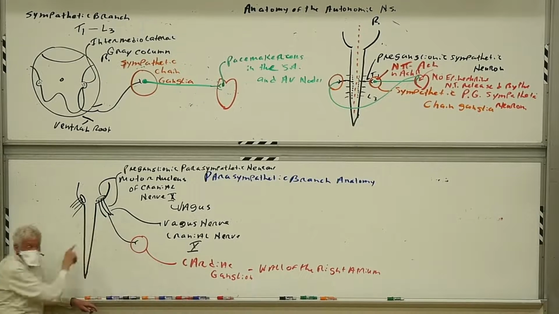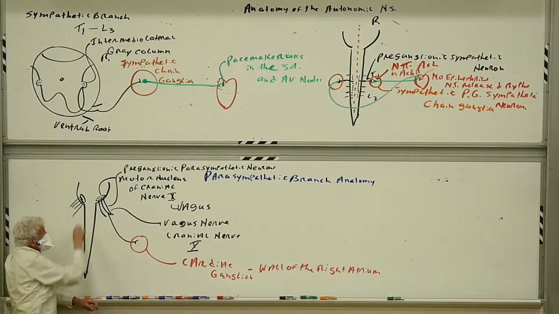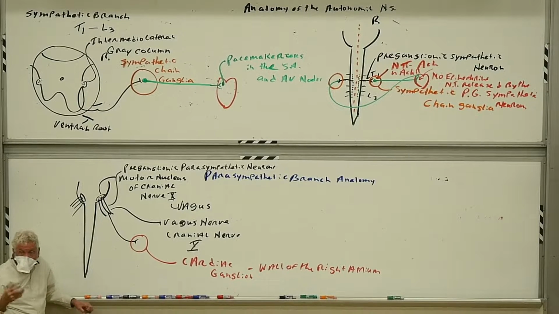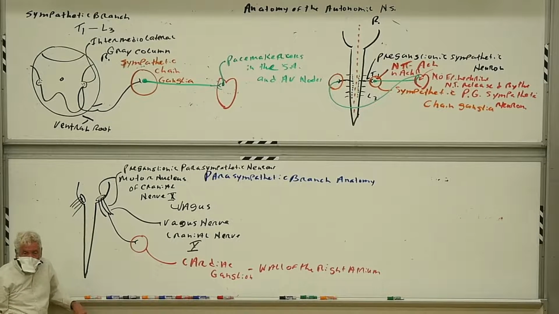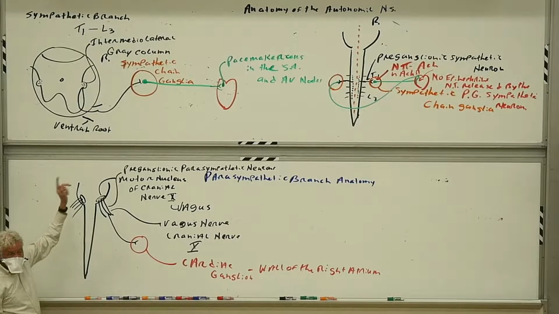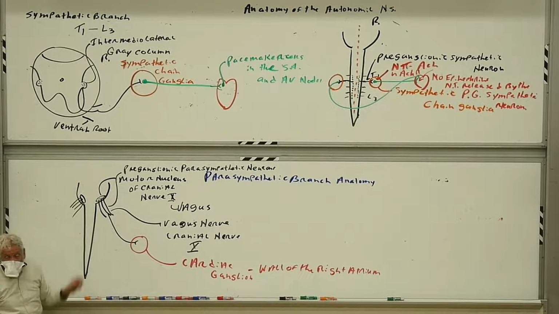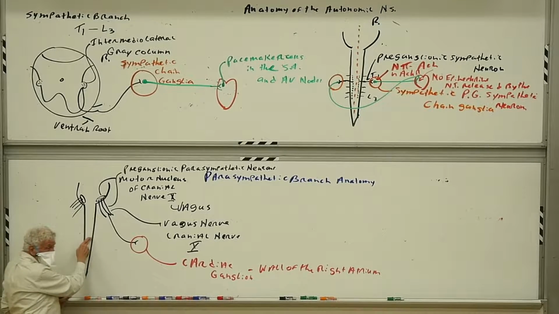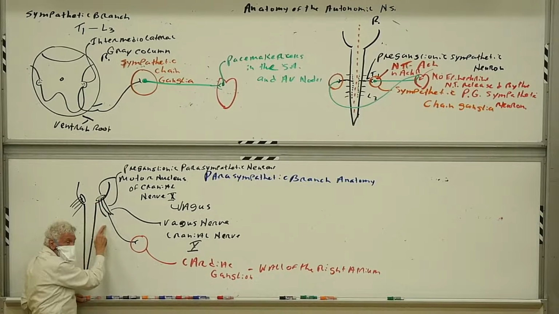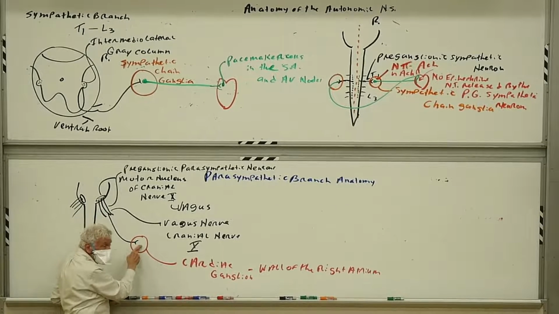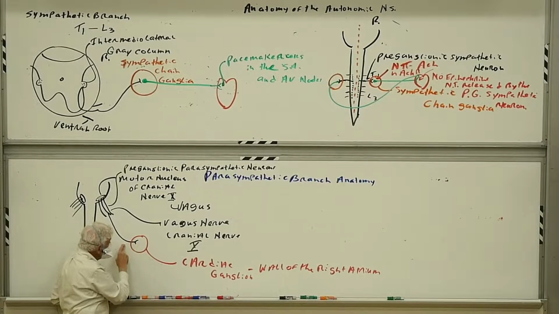Now, if we were to follow one of these other neurons whose cell body is in the motor nucleus of 10, and we were taking it to, say, the liver or someplace, the ganglion would be in the wall of that organ. So here's one of those other interesting contrasts. When we're talking about the sympathetic branch, the pre to postganglionic synapse is in the sympathetic chain ganglia, right along the spinal cord for the most part. Whereas in this case, there are great long neurons extending from the brainstem all the way to the organ that will be innervated, but there's not direct innervation.